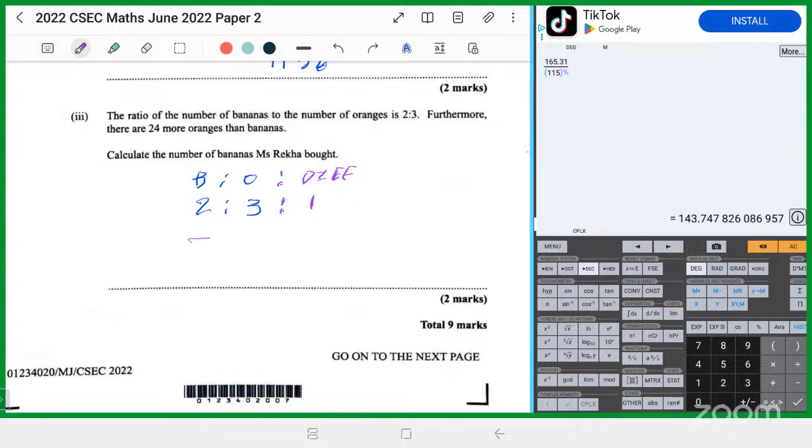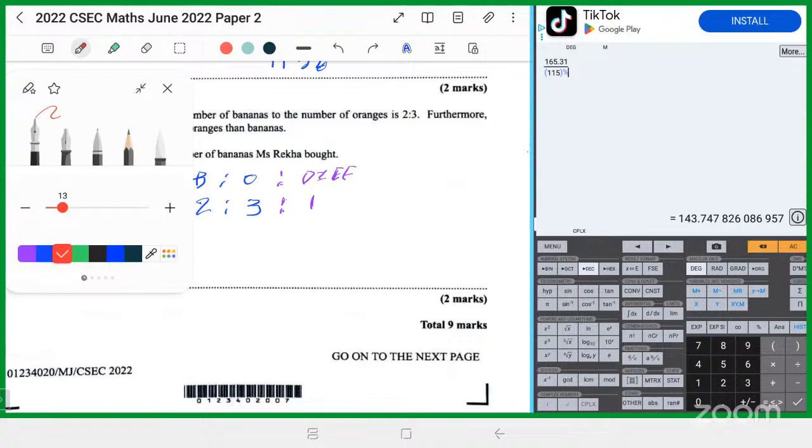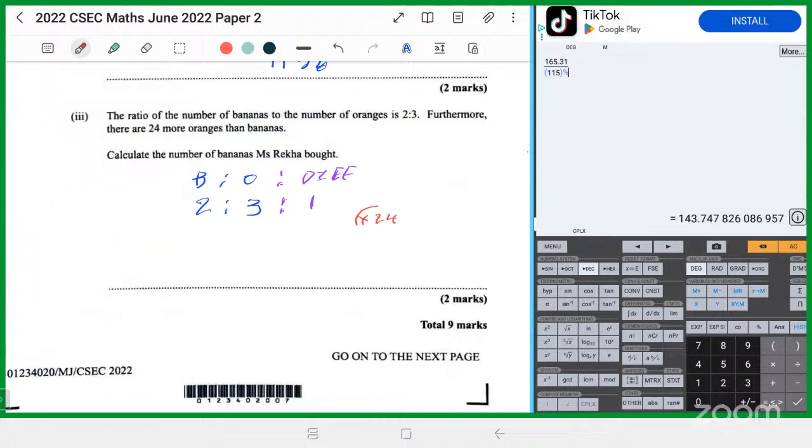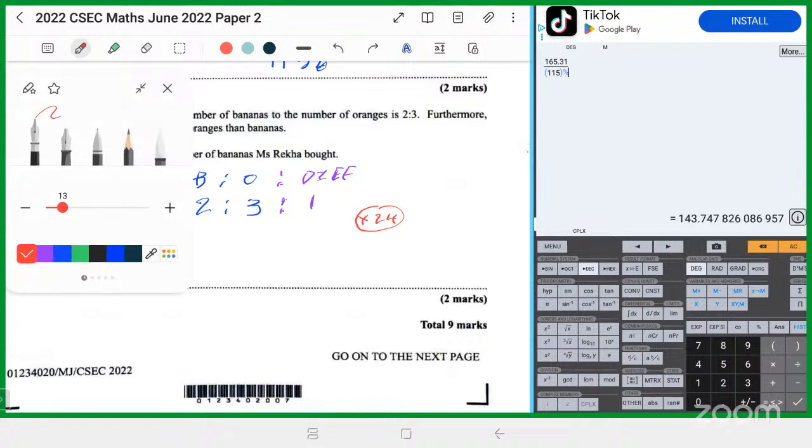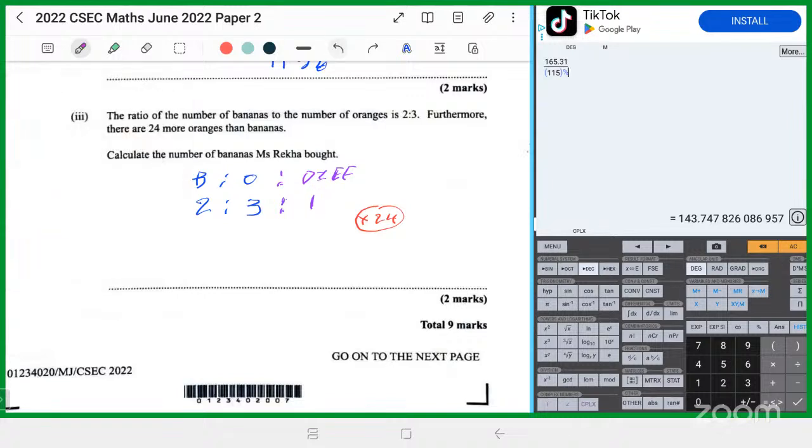So if I want a line to show the actual, I need to adjust this ratio for the difference to show the real actual, which is 24. To get the 1 to become 24, I need to multiply by 24. Easy like that. So I'm multiplying everything by 24. When I do that, this becomes 24, which we know that it is.